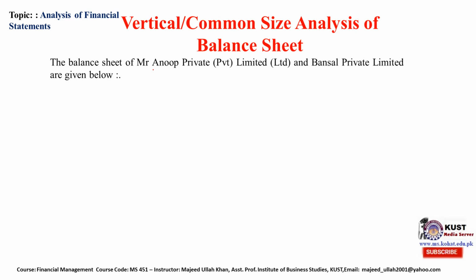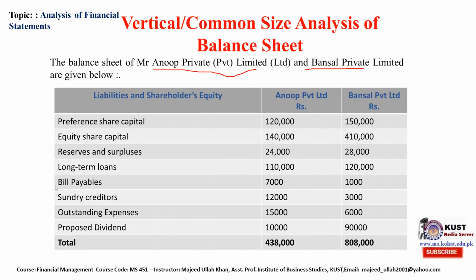One is Anu Private Limited and the other is Bansal Private Limited, given below. This is the balance sheet, although not according to the format. Preference share capital 120,000 and 150,000, equity share capital 140,000 and 10,000.